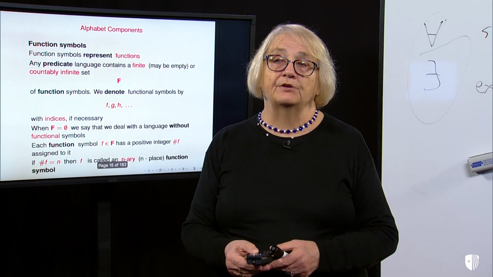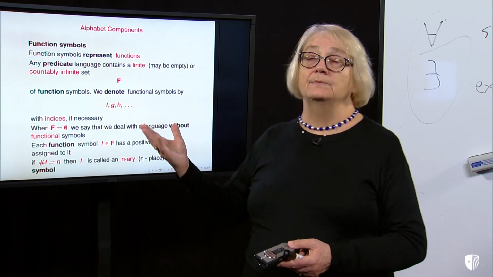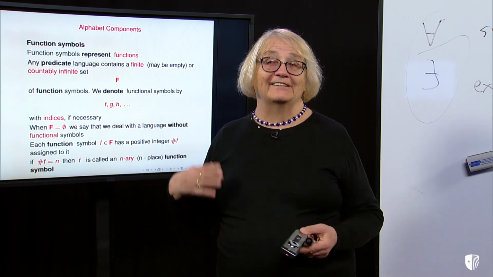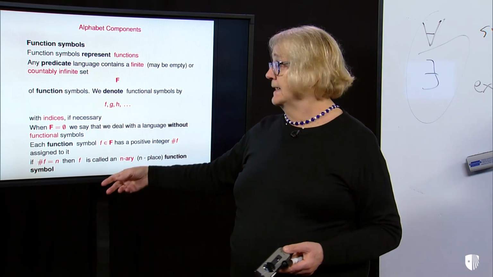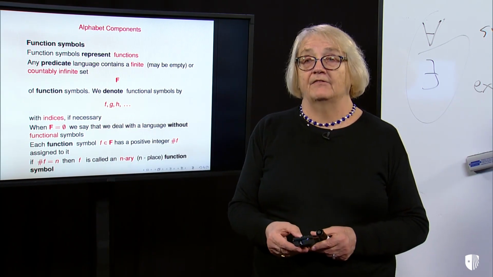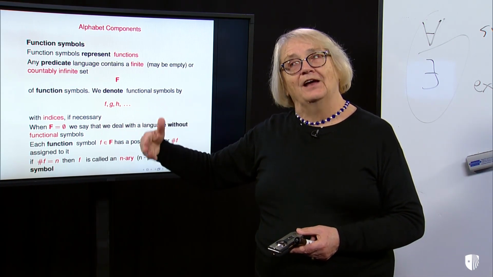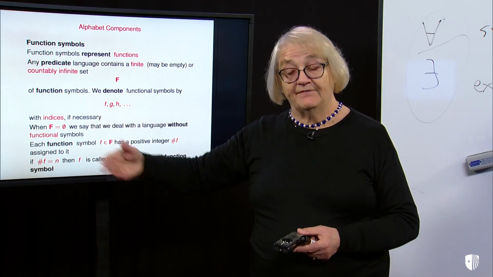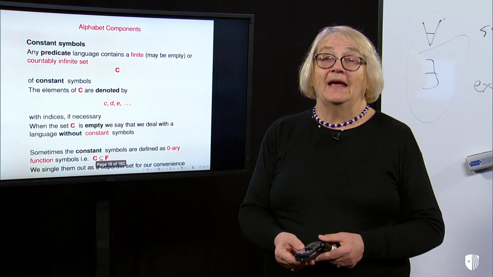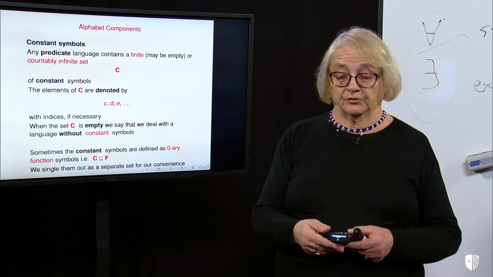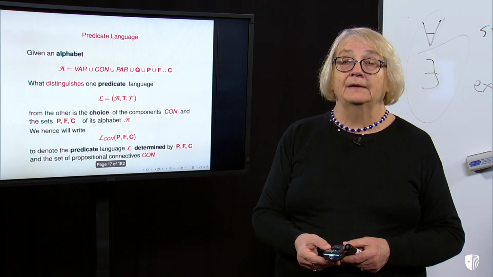So it's the same for the functions, and we use symbols for the functions like we do in mathematics, f, g, etc. And the same, we say how many arguments the function has, but these are not functions, they are symbols which correspond in real life to the functions. And constant symbols correspond to elements of the universe, to the constants, so it's the same.